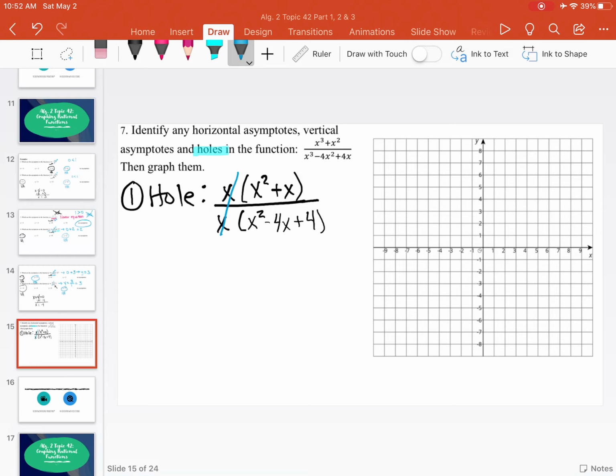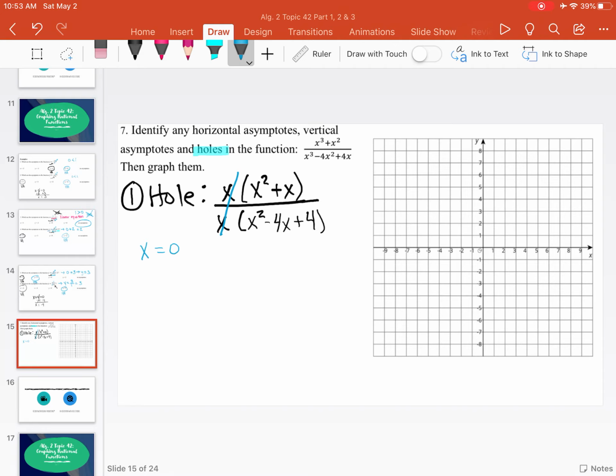Now, according to part 1, I'm going to take this factor that I just reduced and set it equal to 0 to solve for what my x value would be. So my factor of x set equal to 0 means my x-coordinate is just simply going to be 0. Sometimes you might deal with a binomial and then you'll have to solve for x. This one was pretty straightforward.